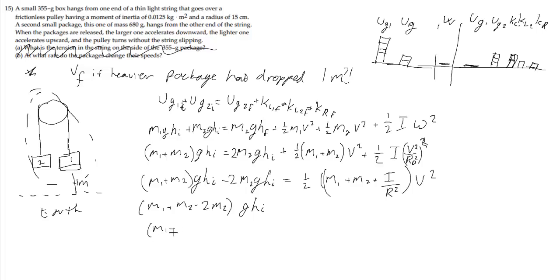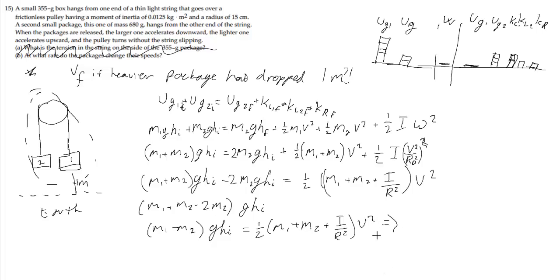So we've got m1 plus m2 minus m2, minus m2, times g h initial, is equal to this mess: 1/2 m1 plus m2 plus I over r squared, v squared.